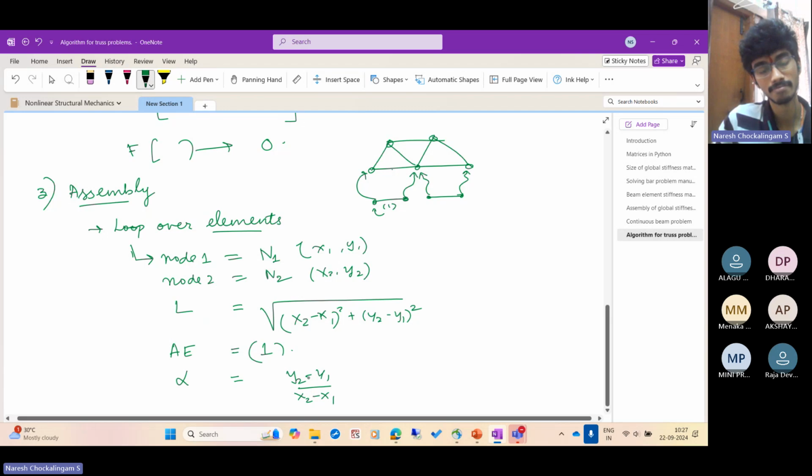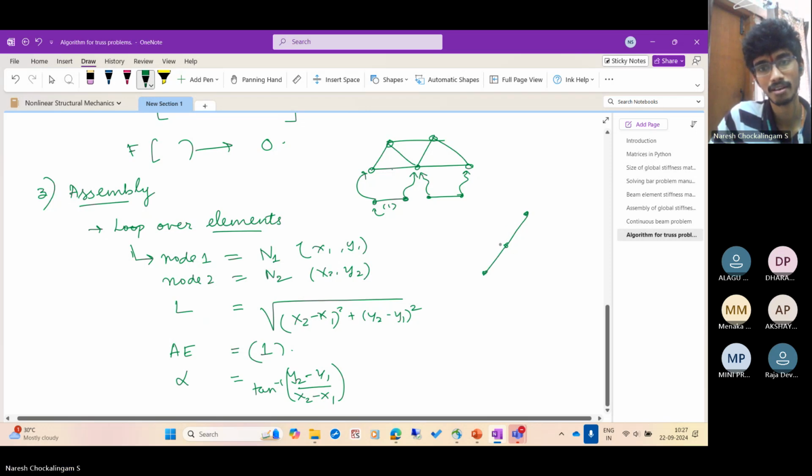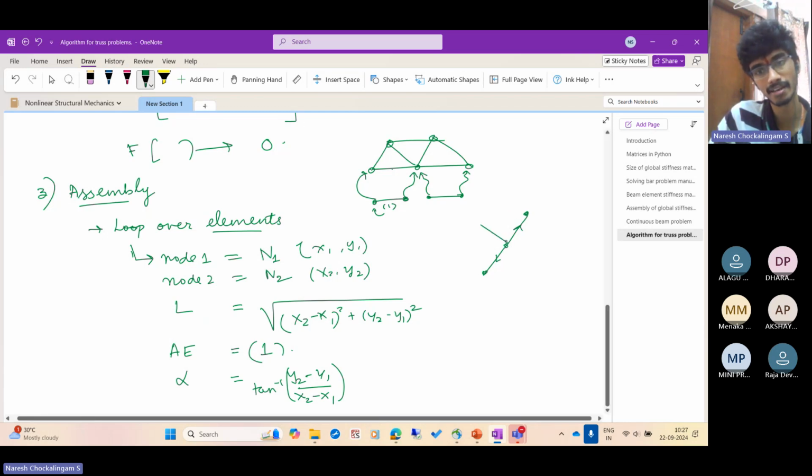Is alpha the tan inverse of y2 minus y1 by x2 minus x1? Now, how does it differentiate between something in the first quadrant and something in the third quadrant? If you have an element oriented like this or like this, tan inverse will give the same answer, because tan is positive in both the first and third quadrants, and negative in both the second and fourth. So we don't know if an element is oriented this way or this way.